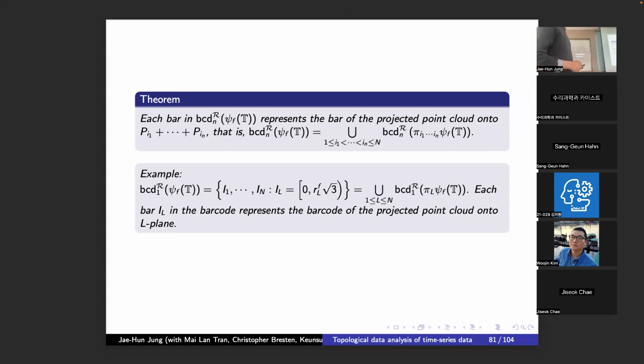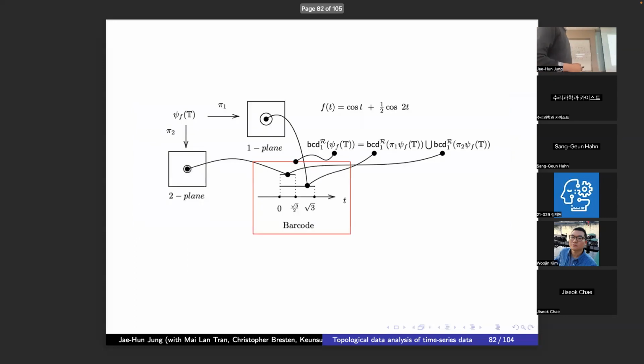So I'm going to give you some conclusions. For example, take the function cosine t plus 1/2 cosine 2t. Usually with the sliding window embedding, we apply the sliding window embedding, then apply the Rips complex and compute the persistent homology. We don't do that. This is what we do.